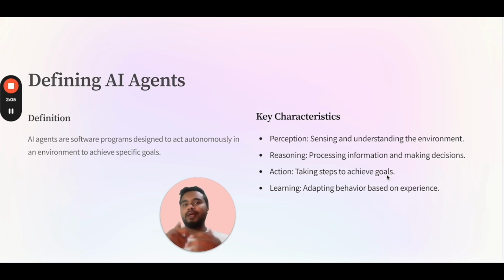Action: behind the scenes they figure out what needs to be done in order to achieve a certain task. For example, if you ask an agent, can you research an article for me on so and so subject, they'll understand the user request first, and see what needs to be done.